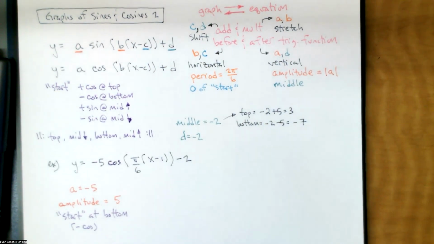So the top is going to be at 3 and the bottom will be at -7. The middle is at -2 and I have an amplitude of 5. 5 up and 5 down. I've got all of my vertical information sorted out.